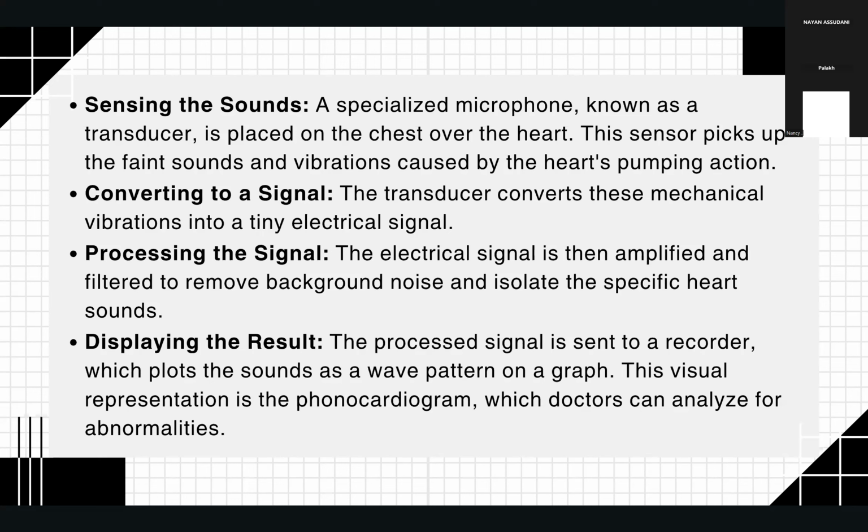For that, we use filtering. In filtering, we firstly use the bandpass filter, which lets only the middle-range sound go through. It blocks the whispers and the shouts, the very low sounds and the very high sounds, so that we get only the middle range where the heart sounds lie.